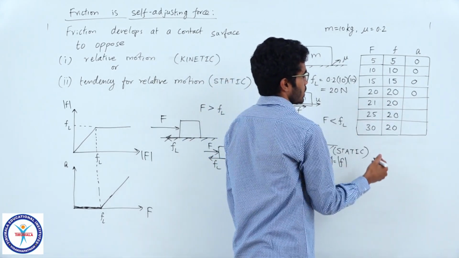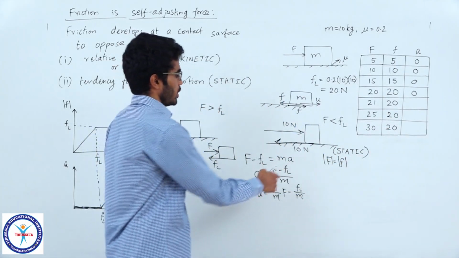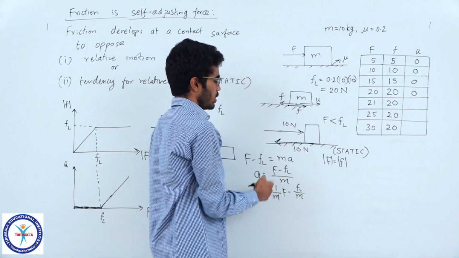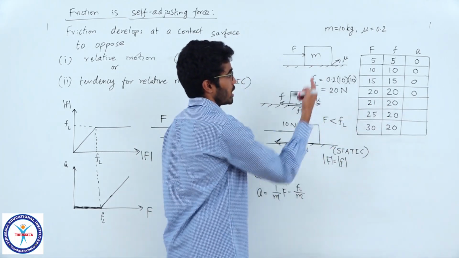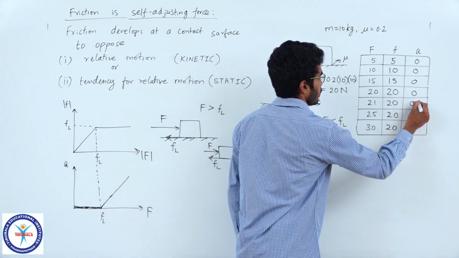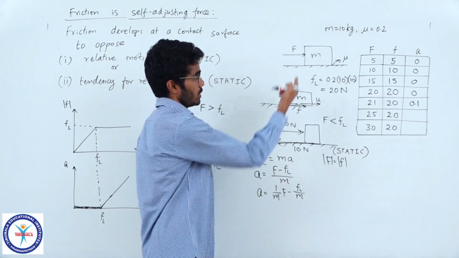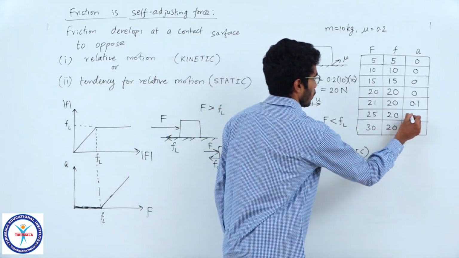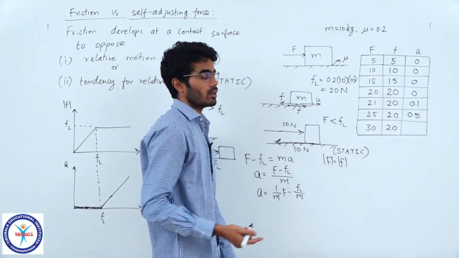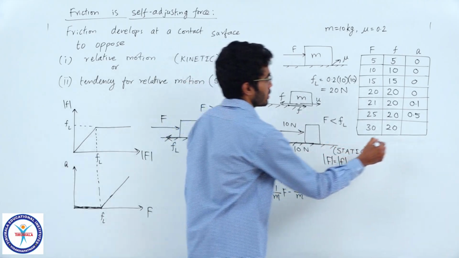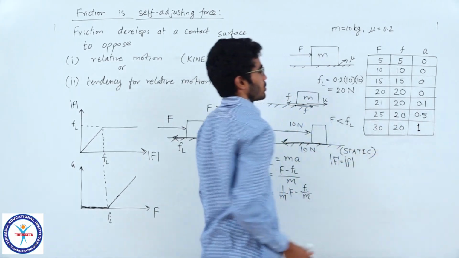And in this case, the acceleration will be (F minus FL) by m. FL, limiting friction, is 20 newtons and the force applied is 21 here. So, 21 minus 20 by mass, that is 0.1 meter per second square. And here it is 25 minus 20 by 10, which is 0.5. And here it is 30 minus 20, 10, by mass 10. So, 1 meter per second square.